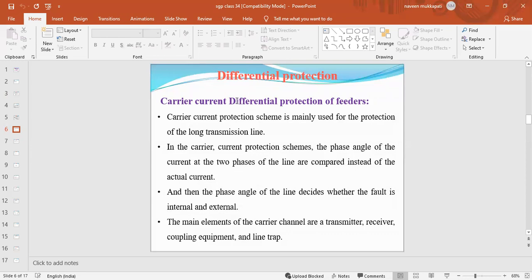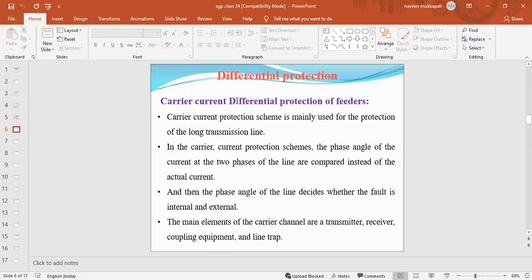For long feeder lines, the first type, the unit type of differential protection, is not economical. That's why we design the carrier current differential protection. It is most economical as the length of the feeder line increases, above 15 kilometers.